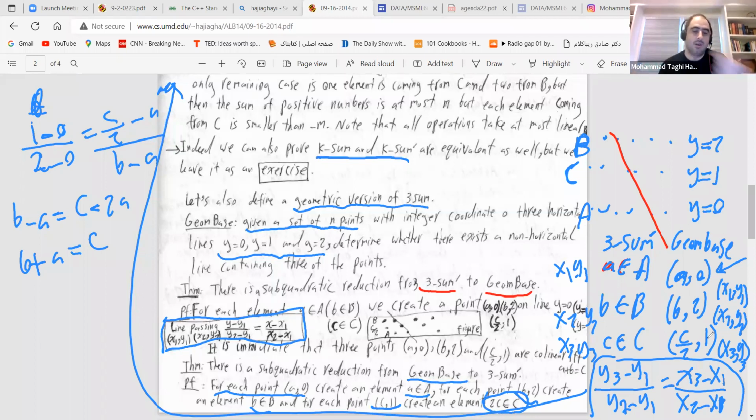And that's it. Again, you are writing these equations, and you know that they are collinear if and only if B plus A is equal to C. Does it make sense?